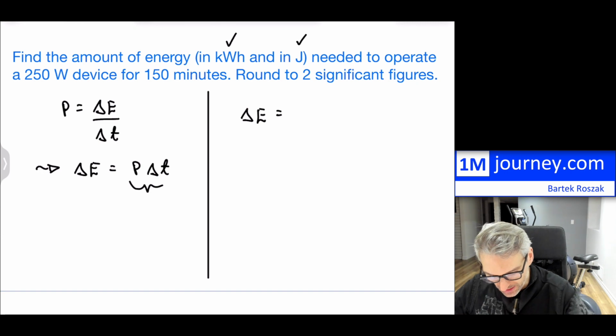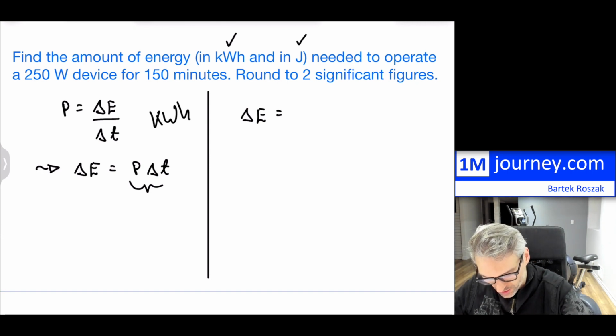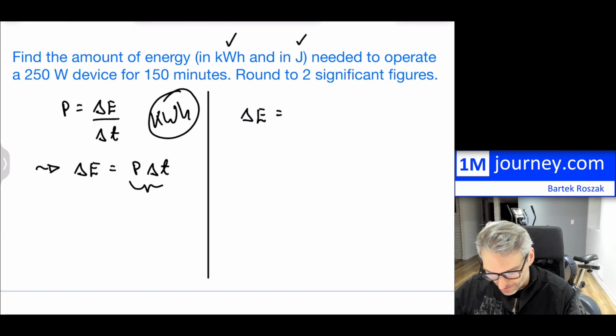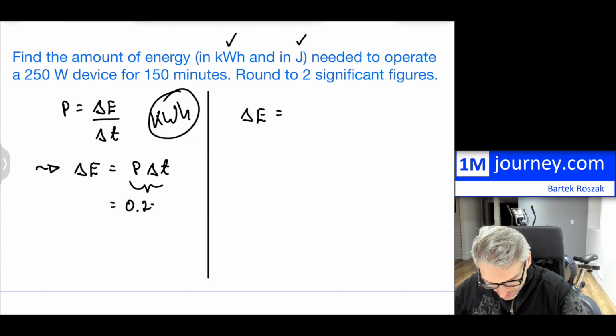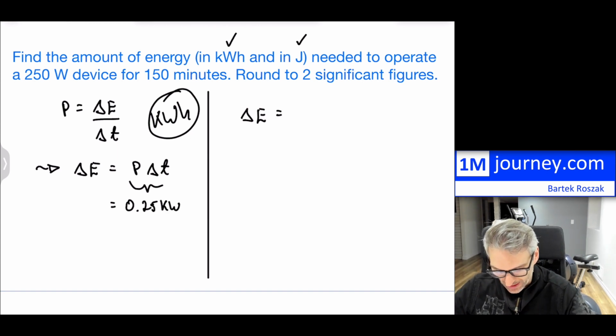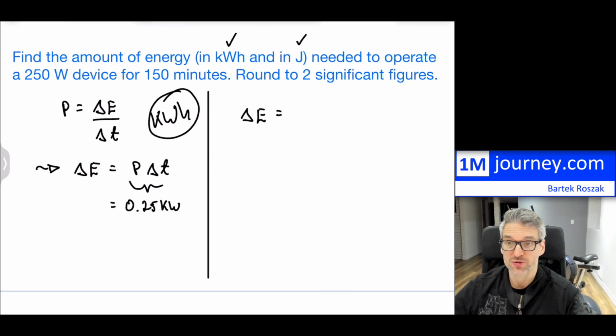So first off, in kilowatt hours. Well, if we want to be able to do that, let's change the power to kilowatts. So power, which is 250 watts, if you want to change it to kilo, it's just a prefix. So this is going to be 0.25 kilowatts. That's what that equals. And then the time, we simply change it to hours, right?